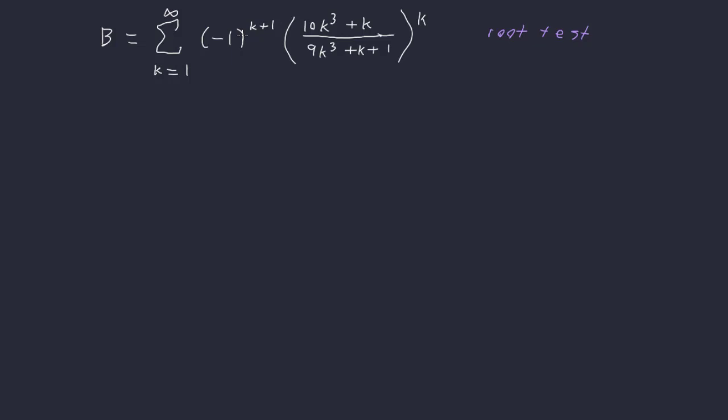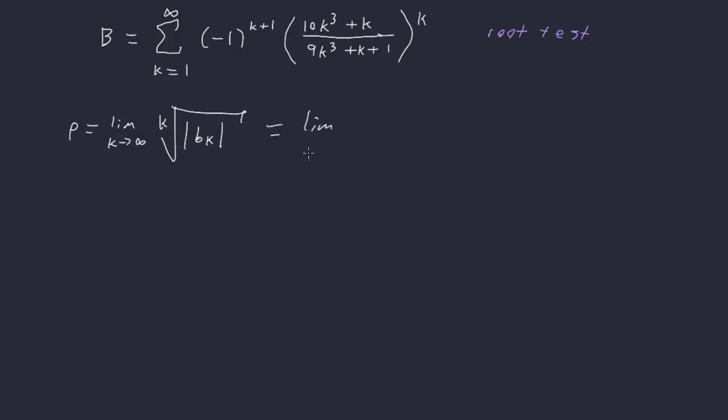So you may have thought, if you just saw this out in the wild, that we might want to use the alternating series test, but really, in my mind, it'll be easier to use the root test just because we can apply the root test to this, and we take the absolute value, which just negates that. We don't even have to worry about it. Okay, so if you remember, rho is the limit as k goes to infinity of the kth root of the absolute value of, I'll call it b_k here.